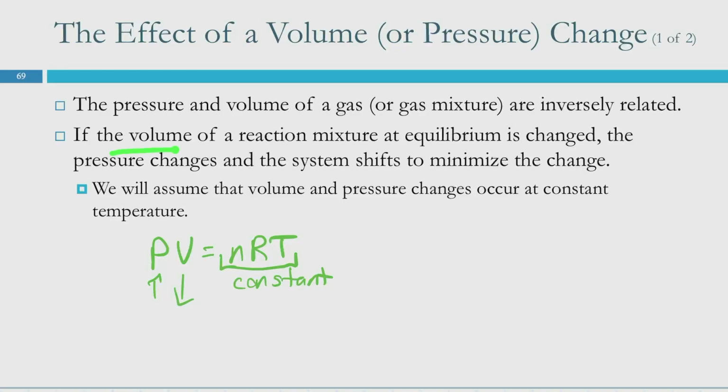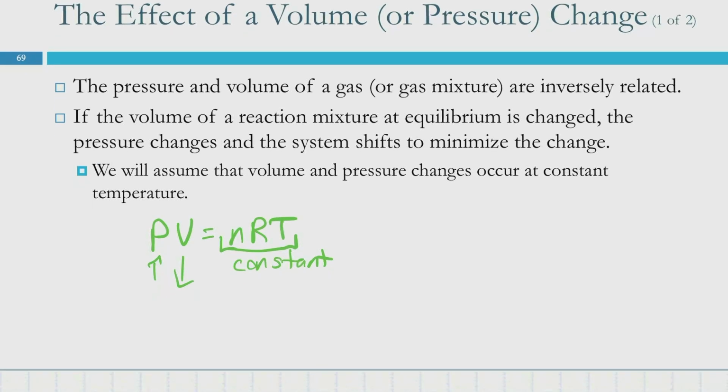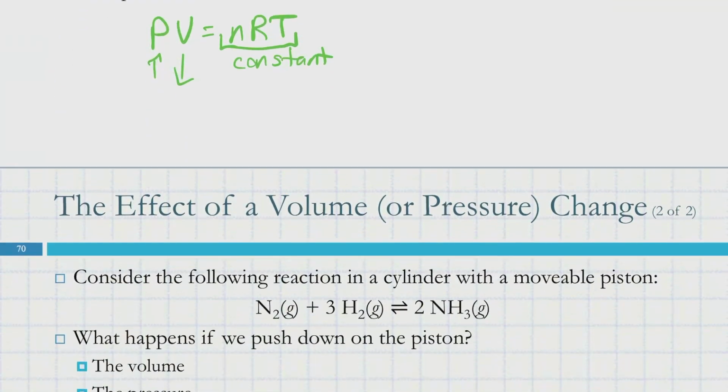So if the volume of a reaction mixture is changed, the pressure also changes and the system shifts, again to minimize the change. We're going to make some assumptions about temperature being constant to let us use that idea.